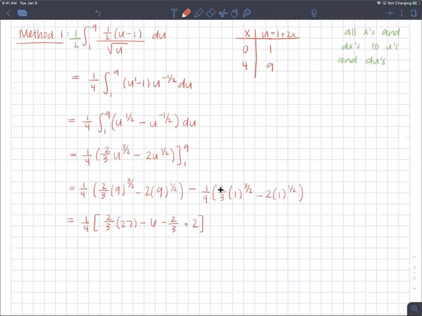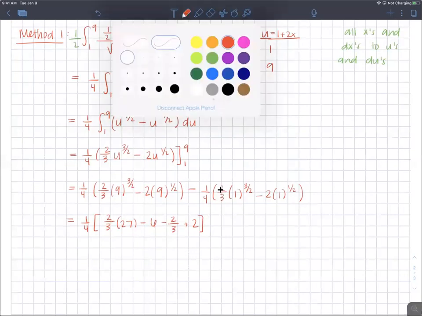So whatever that gives you, that's what your answer is. Oh yeah, no, I don't want to deal with all those fractions. Okay, but is everybody okay with this part of it?